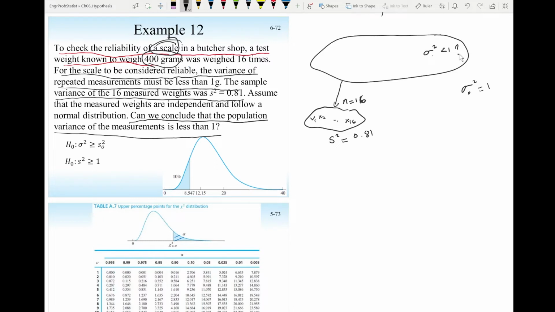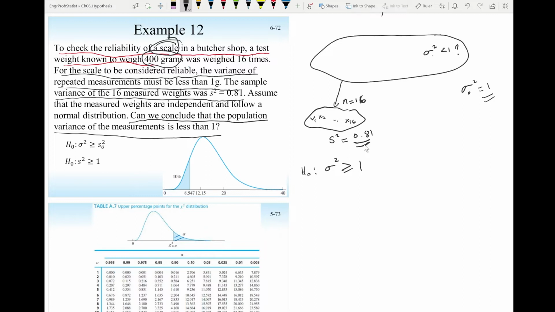Well, since the evidence shows it's less than this, the null hypothesis will be as follows. We will oppose the evidence and say that the variance of the population is equal or larger than 1. The scale needs calibration. And just because the sample variance came 0.81, it's just by chance. So now we have to verify.